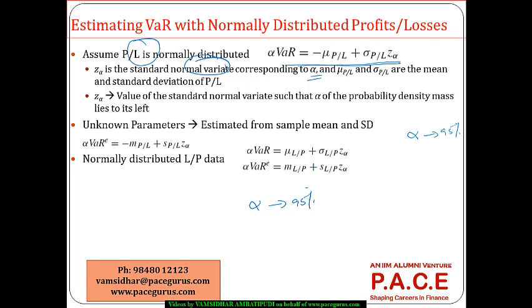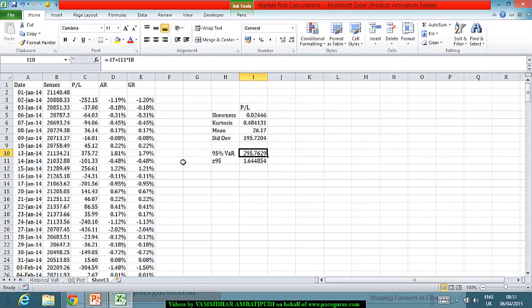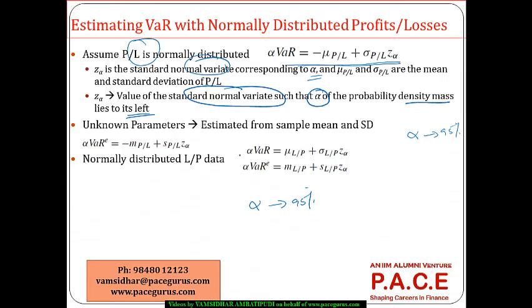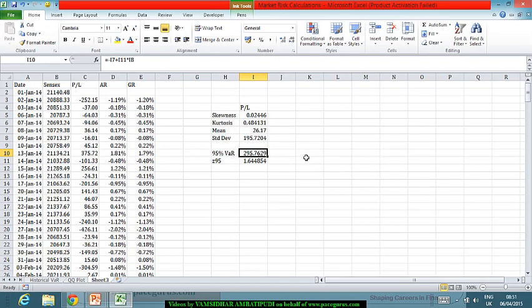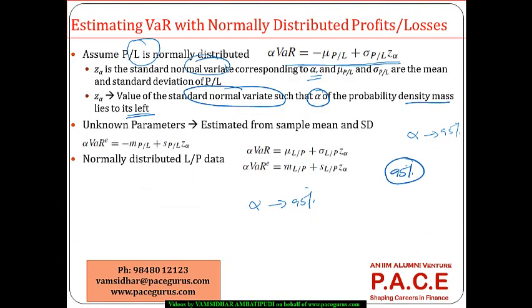Z alpha is the standard normal variate such that alpha of the probability mass lies to the left: 95% of the mass lies to the left and only 5% to the right. That's where I take the 95% confidence level. So 295.76 is my 95% value at risk with this mechanism.